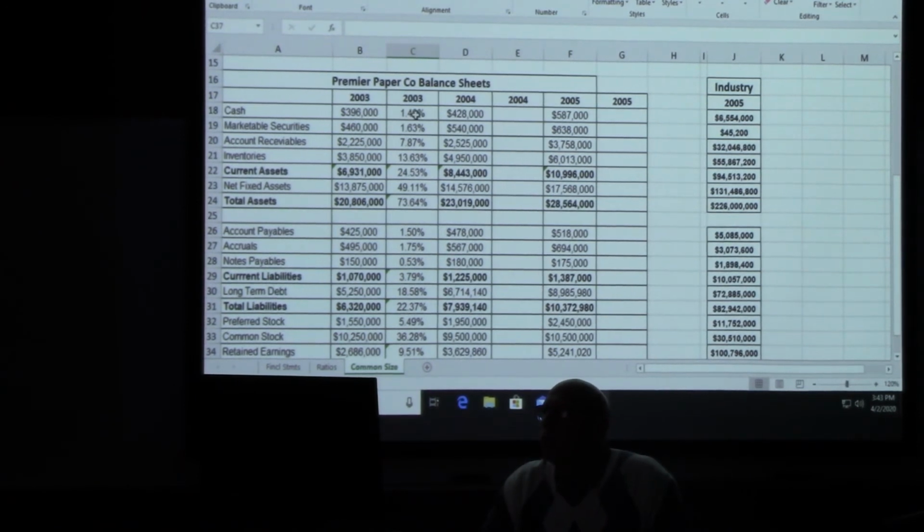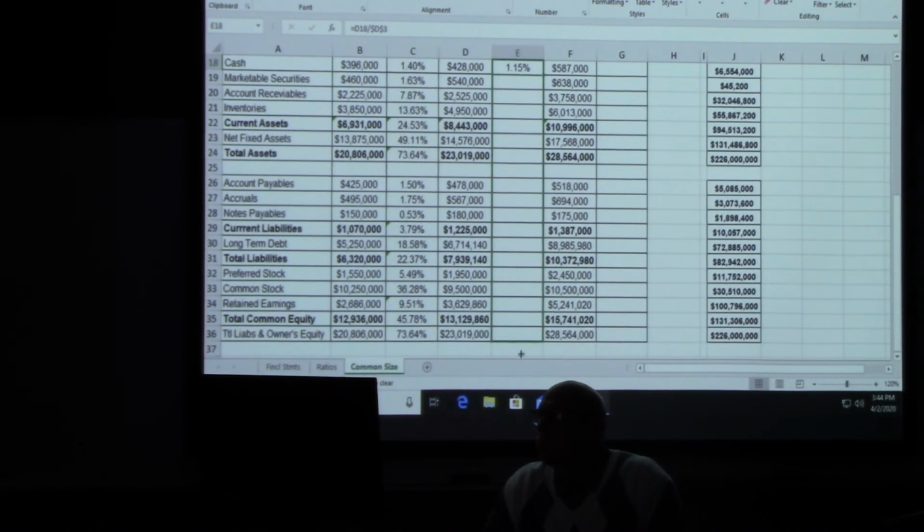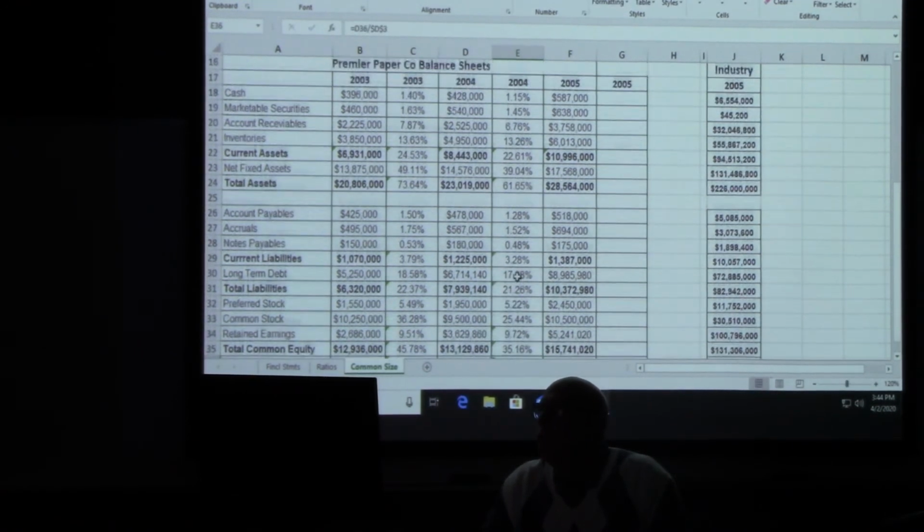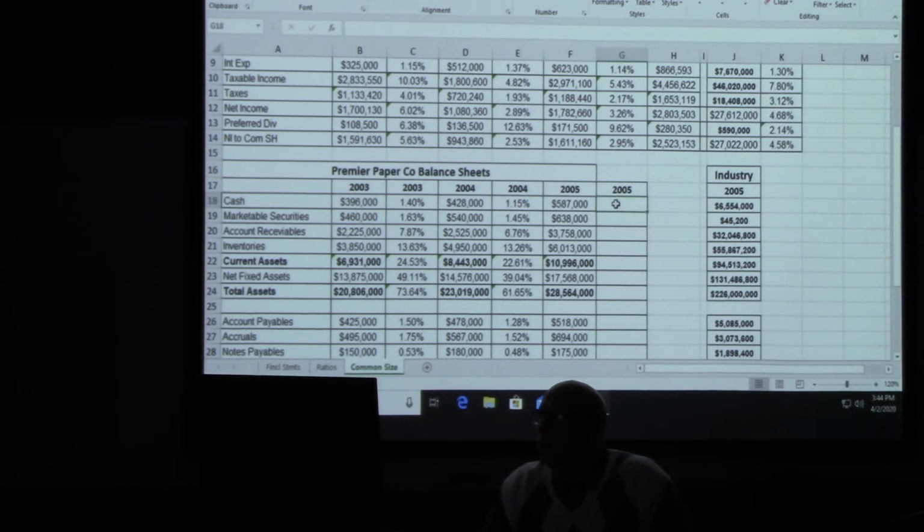All right, now let's copy this here. Whoops. Copy, paste. All right, and let's change this from B to D. So that's cash divided by sales in 2004. Let's scroll that down. And then let's do it one more time.